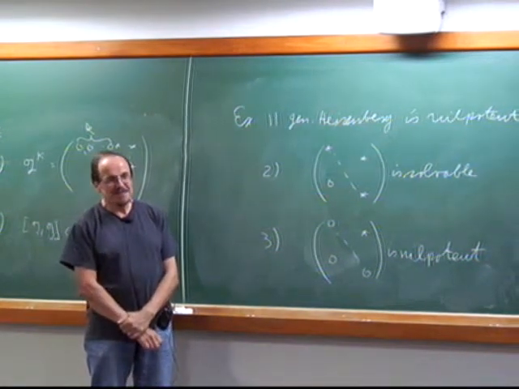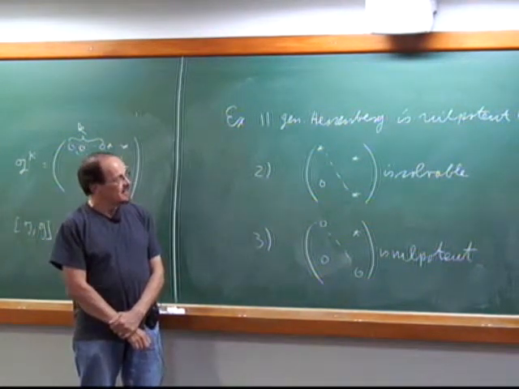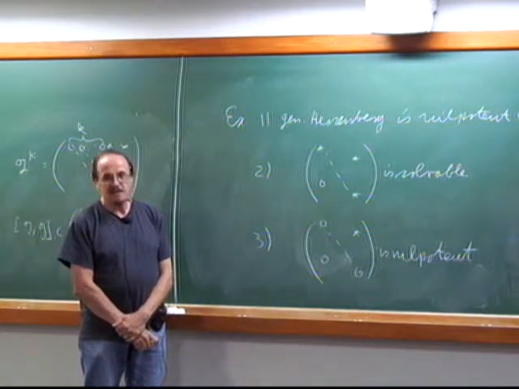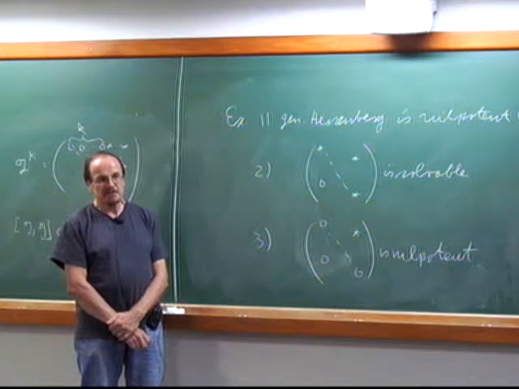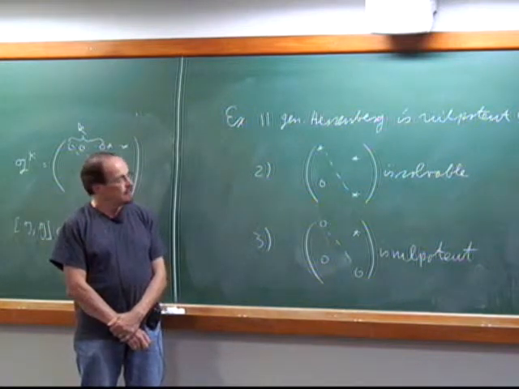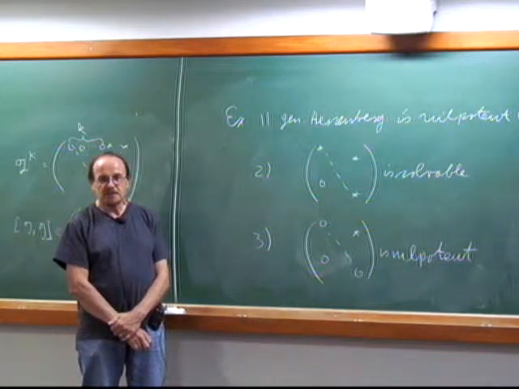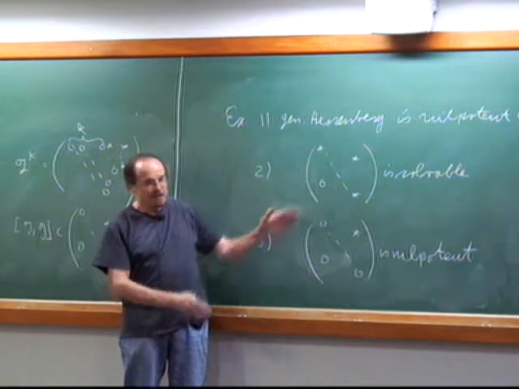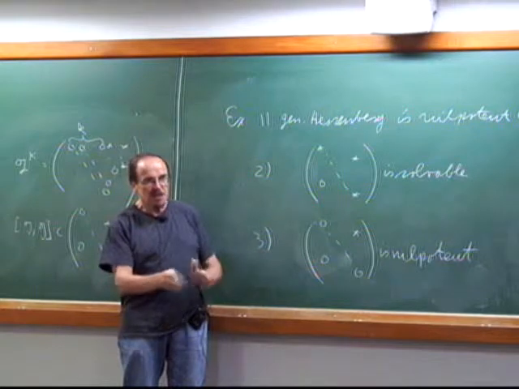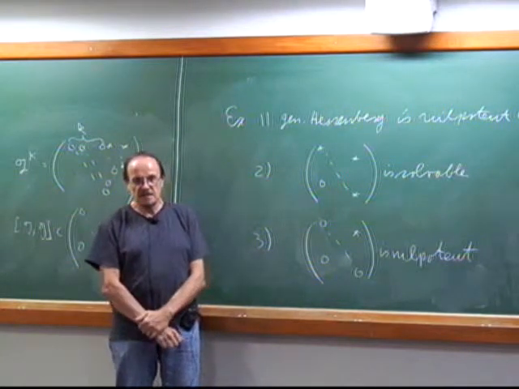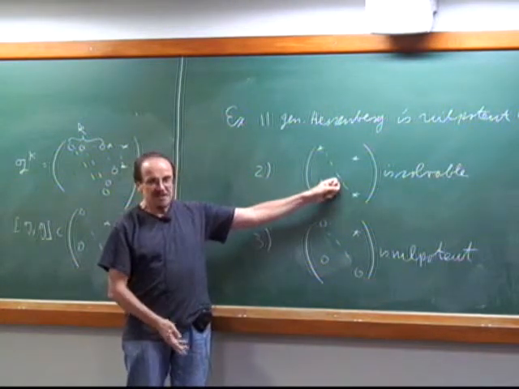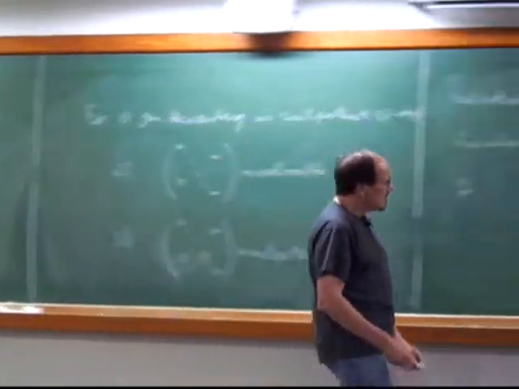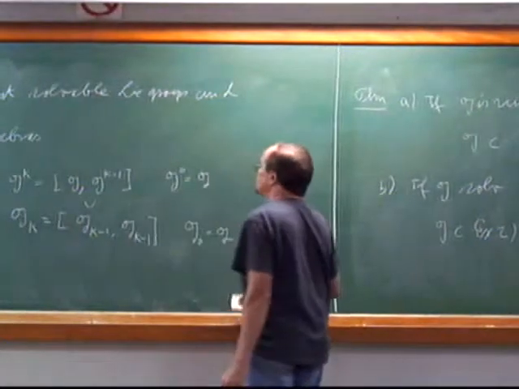That's far from true. If I want to classify such Lie algebras up to isomorphism, say, that's unsolvable for general N. Even for small N, that's a lot of work. Say small N being the size of the matrix is small, right? For small N, you can do that, but it gets very, very complicated very, very quickly. So just because it is a subalgebra of this is not the whole story. But nevertheless, this tells you a lot about such Lie algebras.